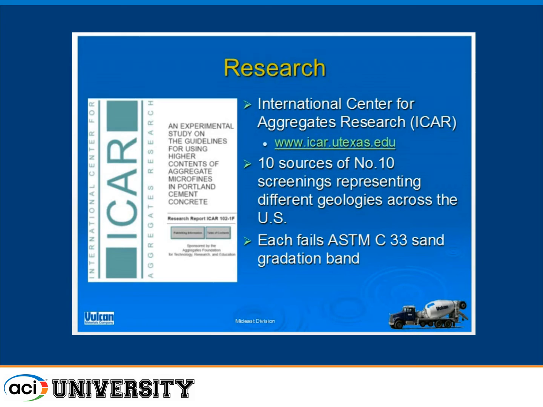The research gathered about 10 different sources of number 10 screening representing different geologies across the U.S., and each of them fails the ASTM C33 sand gradation band. One thing I want to emphasize is that this publication has been out for 10, 15 years, Dr. Fowler, something like that? Yeah, it's been out quite a while, and here we are. I'm just one of the ready-mix producers trying to commercialize and utilize this data in the everyday concrete that we use, and we've been very successful at it.